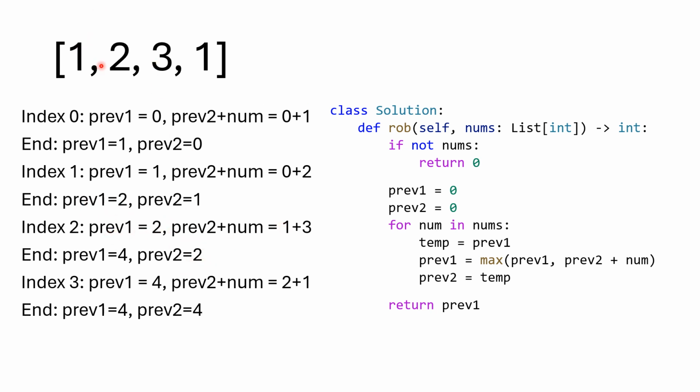Previous two keeps track of the older cumulative number, and if the new number added to previous two is higher than the previous steal, then it will update the latest steal.